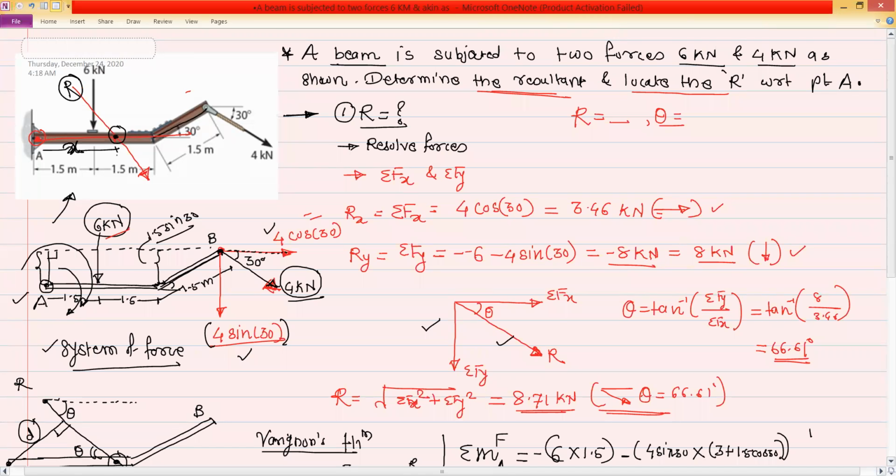I hope this problem is clear to you. So the next point is resultant force and couple system.